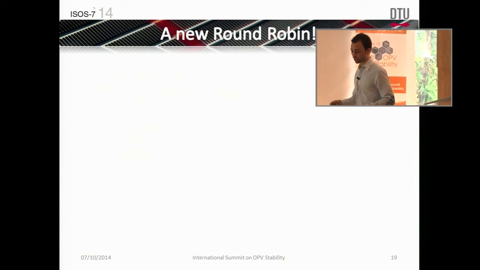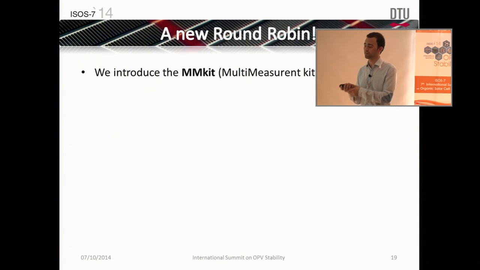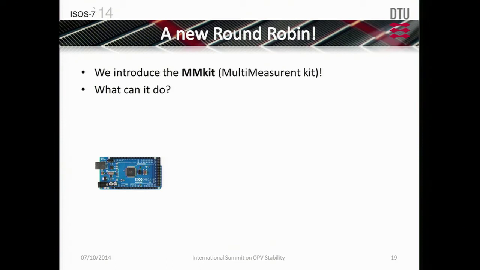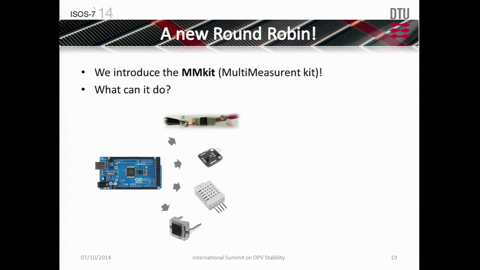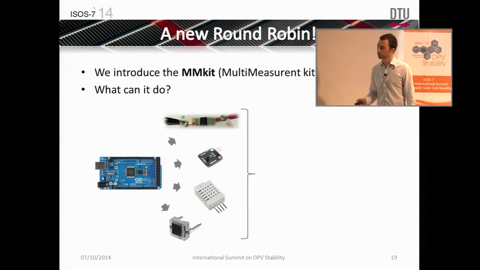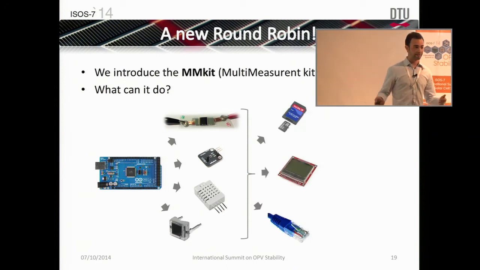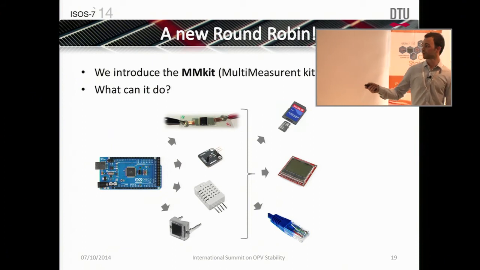And especially I would like to introduce the MMkit, which stands for Multi-Measurement Kit. It is a tool that is based on Arduino, which is an open platform for electronics. It is connected to a number of sensors, so it can measure IV curves. It has a temperature sensor, a humidity sensor, and an irradiance sensor. All this measurement tool acquires data which is stored on an SD card, so you can easily move the data to your PC.